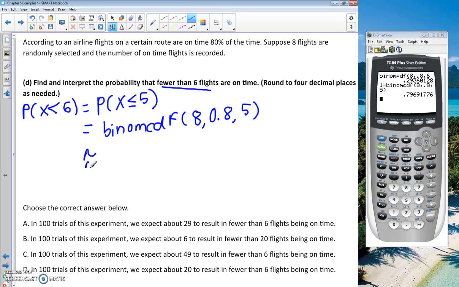So we go to binomial CDF and enter n, p, and x. We get 0.2031. So in 100 trials of the experiment, we expect about 20 to result in fewer than 6 flights being on time.